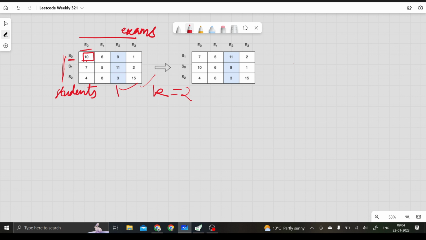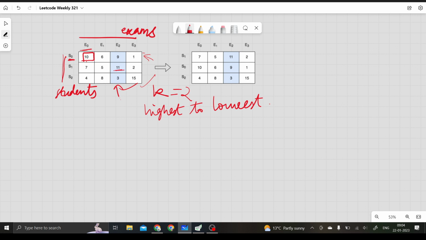So we have to target this column, and sort the matrix according to this column from highest to lowest marks. The highest marks in this column is 11, so 11 should come first.